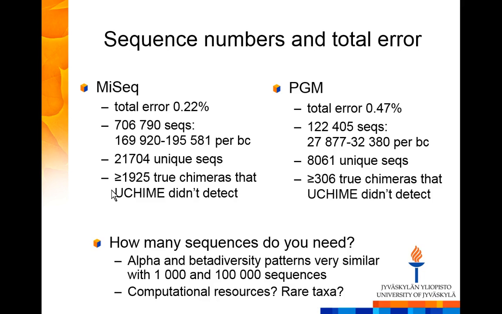Another point is that if you are very interested in some of the rare taxa, rare families, rare genera, you know that they are not very highly abundant in the bacterial communities of your sample, but you still want to detect them and maybe even do some statistics on them, then you would want lots of sequences.